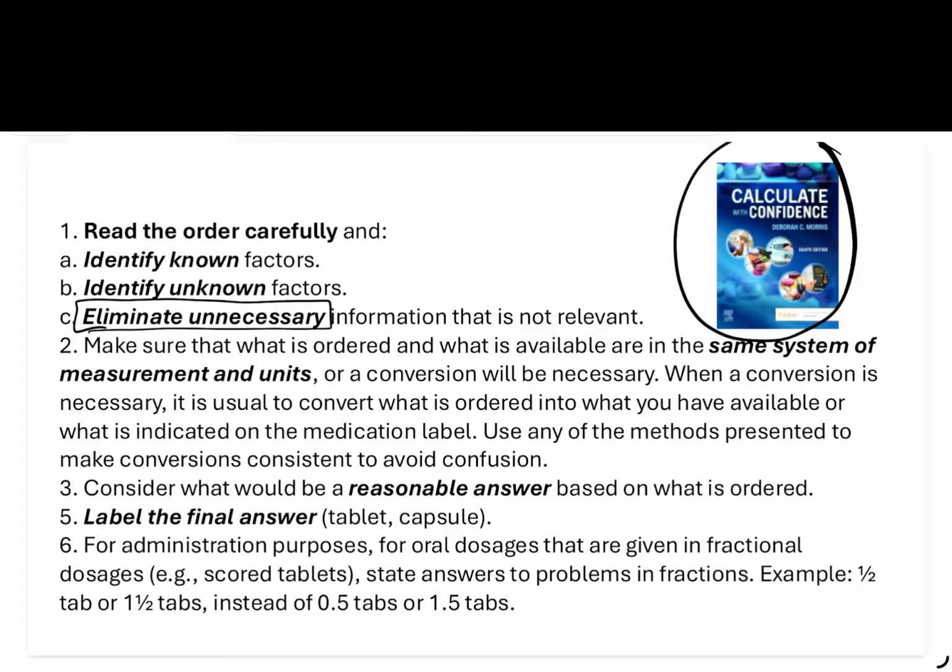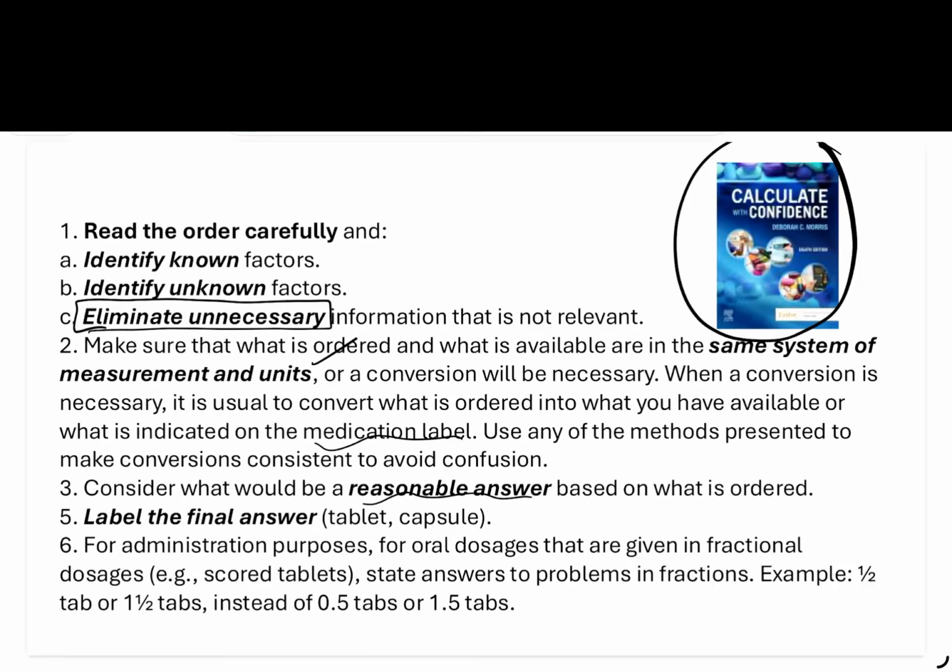We always want the same system of measurements and units. That's really important. And we're also looking at the medication label. I actually have some medication labels to do some practice with in a video in the Math Plus Chem videos that are on the Canvas shell.